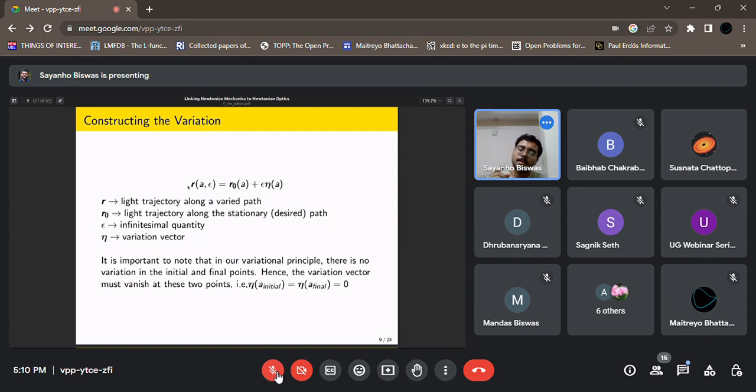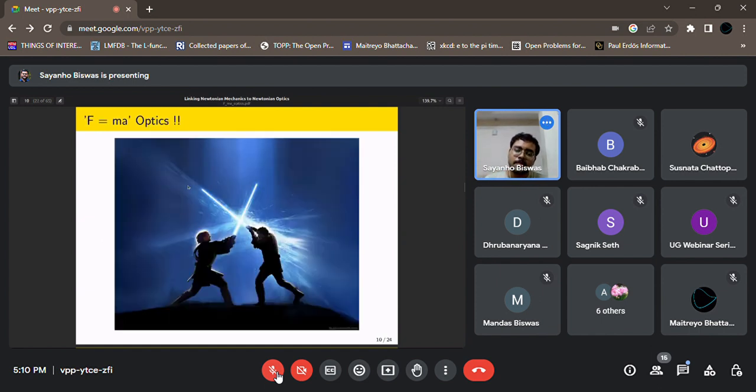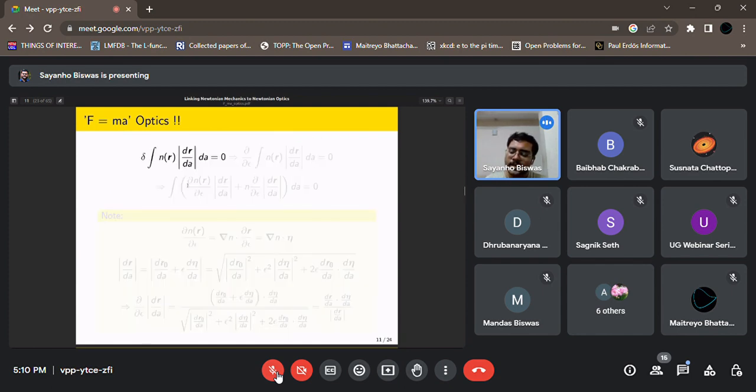That means if my variation of phase with respect to epsilon is 0, that means the partial derivative of this phase difference with respect to epsilon is 0, then I can say that my path follows the stationary principle. That means there is 100% constructive interference between a path and its infinitesimally varied path.